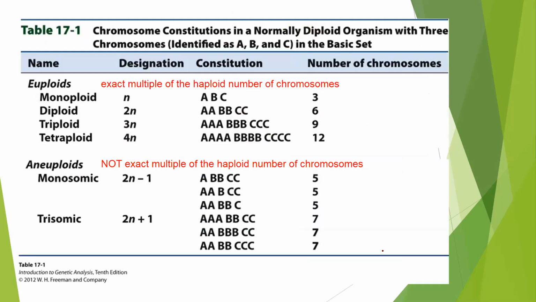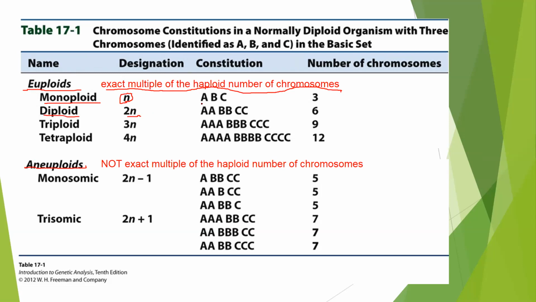So this table gives us a summary of what we need to know so far in lecture 13. We need to understand the difference between euploids and aneuploids. Euploids means we have an exact multiple of the haploid number of chromosomes. So either the monoploid, the haploid, 1 copy of the genome, which is 1N, or diploid 2N.